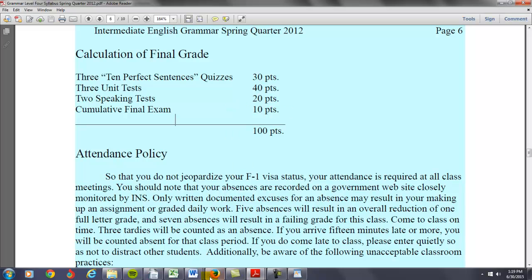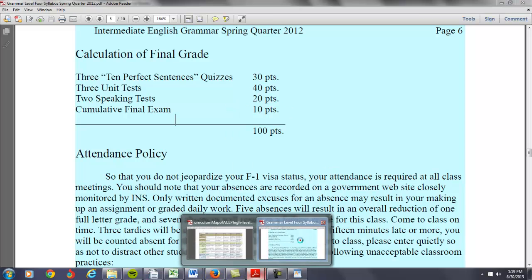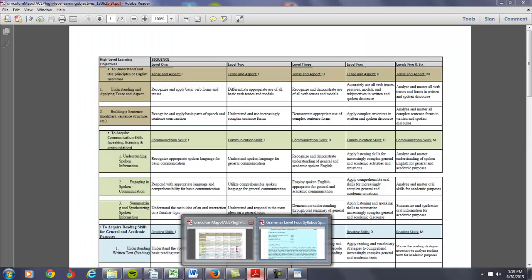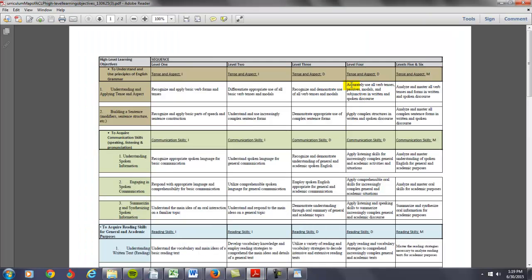Now that's important because here it's saying that students accurately use all verb tenses and then they apply complex structures in written and spoken language. So by doing the verb tense final exam, you're hitting the SLO that focuses on verb tenses, and it can also focus on complex sentence structures in writing. So you're hitting everything there by doing that. So those are some of my comments.